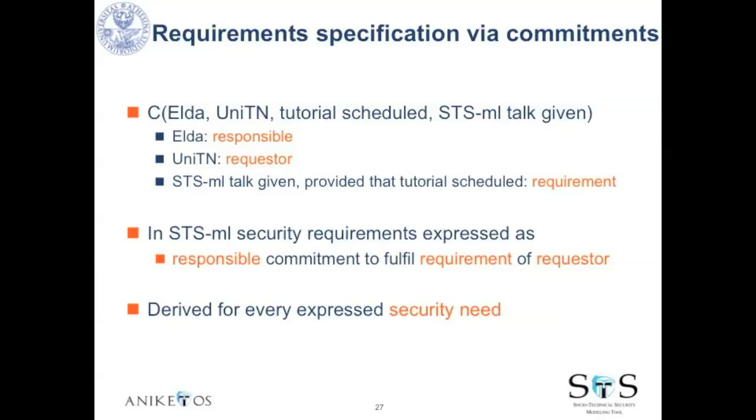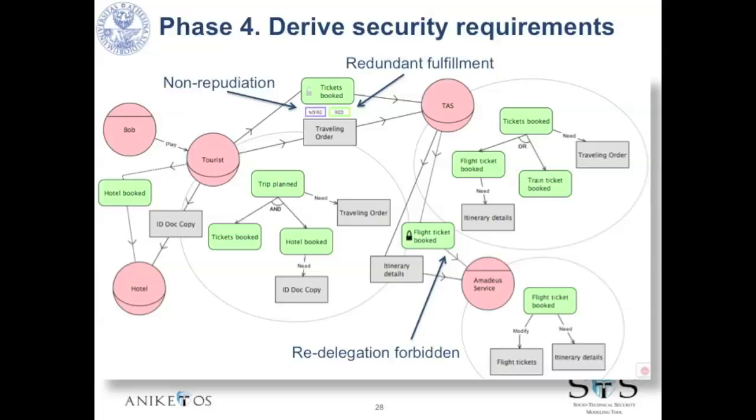So this is how we map the commitments to an actual form of requirements that we have in the modeling language. So a responsible would commit for the fulfillment of a given requirement to a requester. And these requirements are expressed for every security need that we support in our modeling language. And I'll show you how we derive the security requirements for every expressed security need.